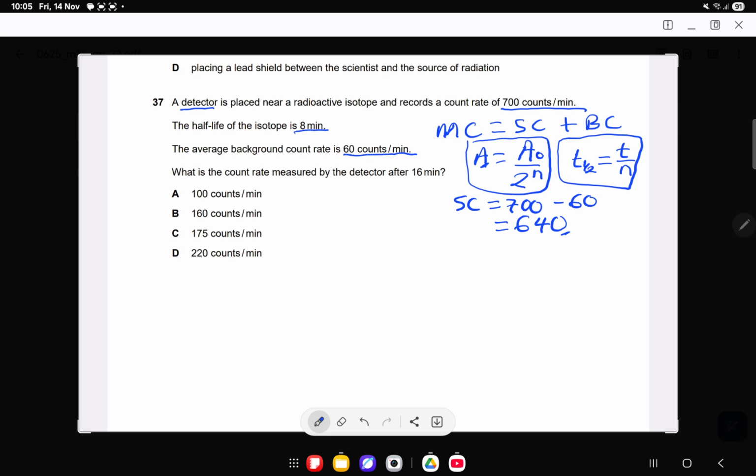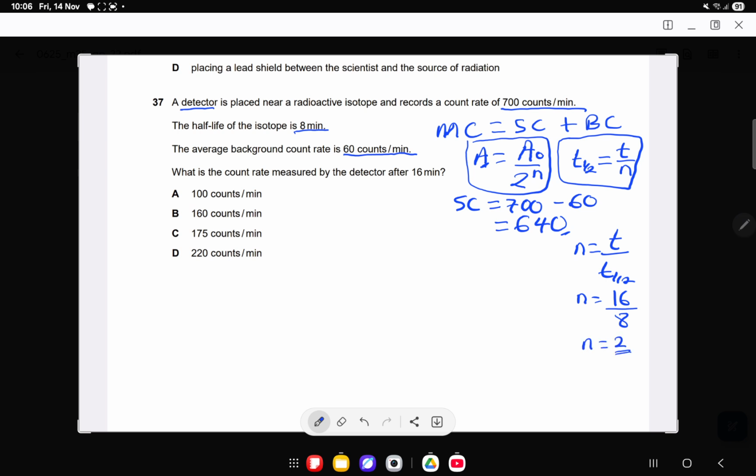Our n will be equal to the time over the half-life. So n is equal to 16 divided by 8. So our number of half-lives is 2.